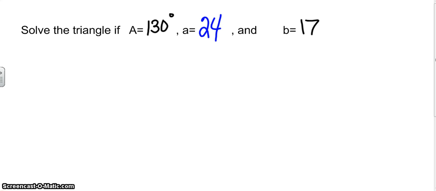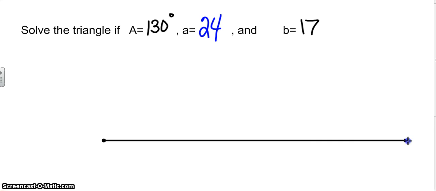So now let's try this one. This time I have an obtuse angle again. So here's my 130 degrees. I notice I'm making that long. I have no idea where my point is going to be on here to make a triangle. This is 130 degrees.